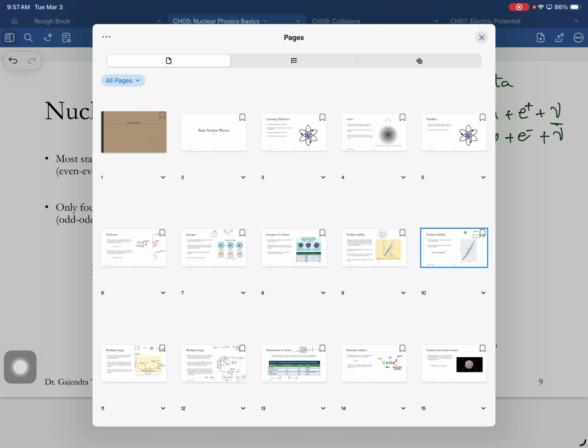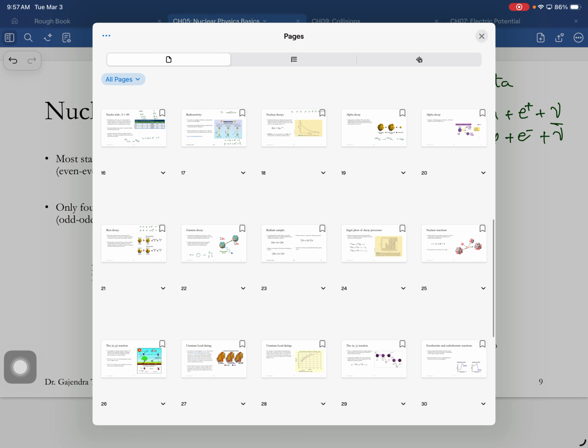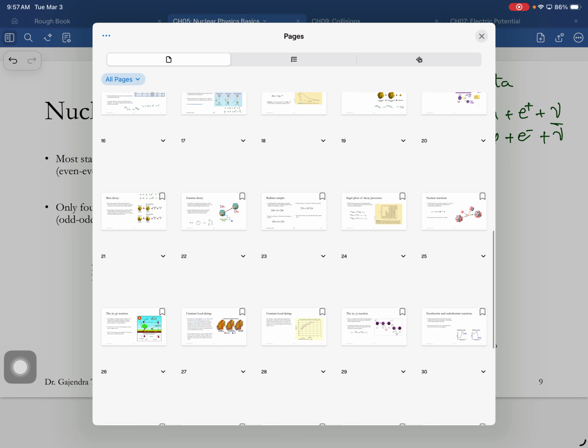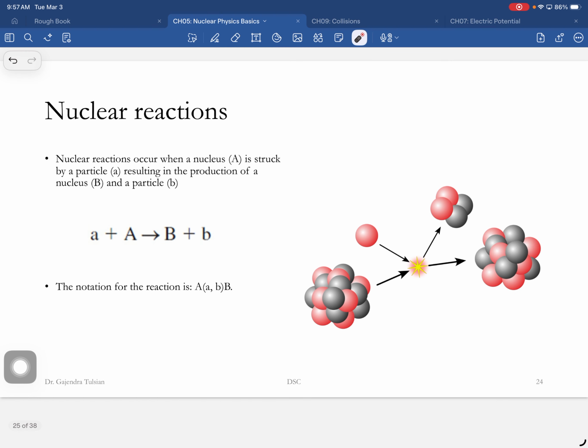There's plenty of nitrogen in the atmosphere; 78% of the atmosphere is nitrogen. These neutrons hit nitrogen and knock off a proton. When nitrogen, which is element 7, loses a proton, it becomes carbon. This was nitrogen-14, it got a neutron and lost a proton, it became carbon-14.